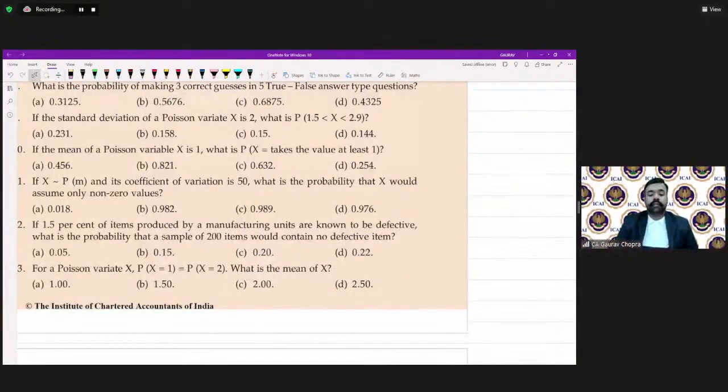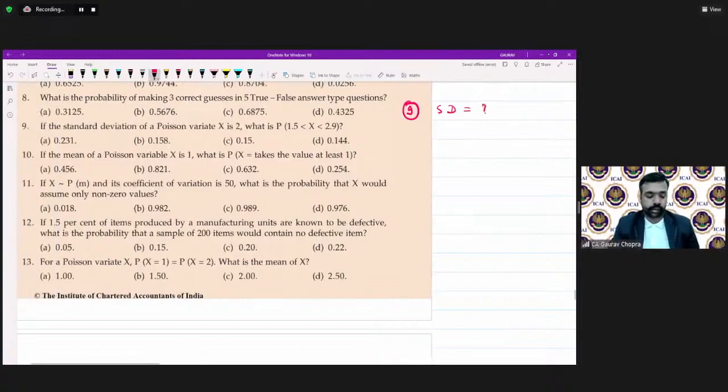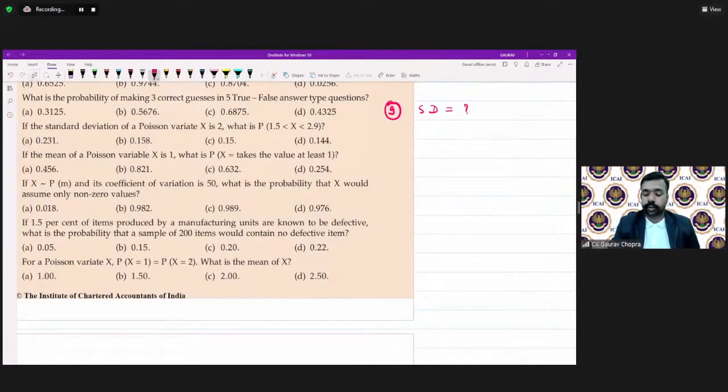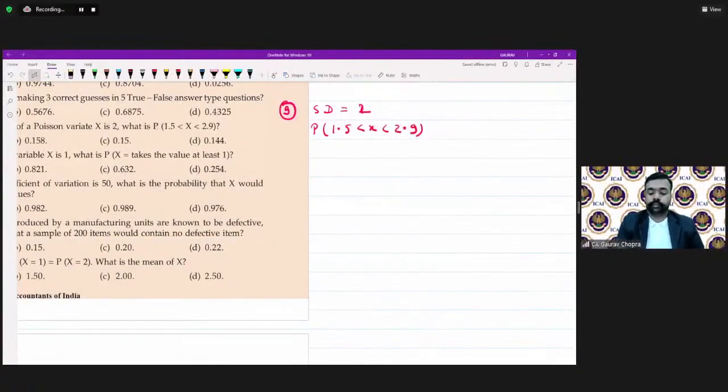What is the probability when x lies from 1.5 to 2.9? Now you can answer this, guys. How to do this question? We have to find the probability where x lies from 1.5 to 2.9. So how will we calculate the mean here? What will be the mean here?